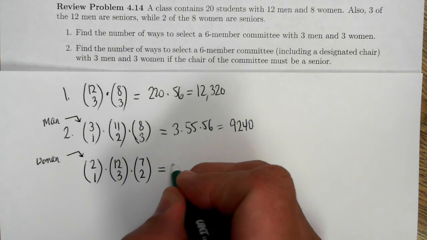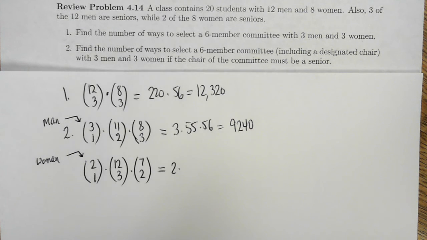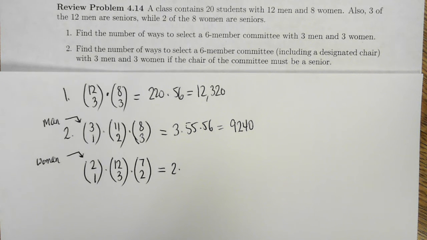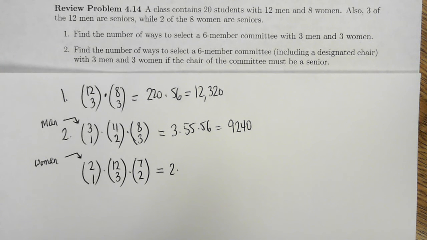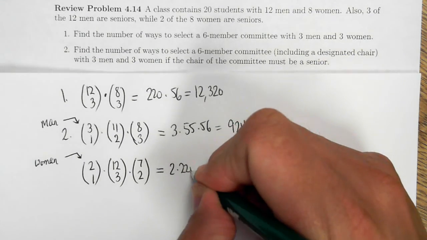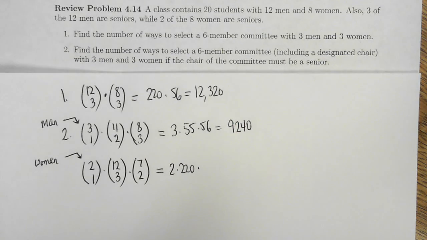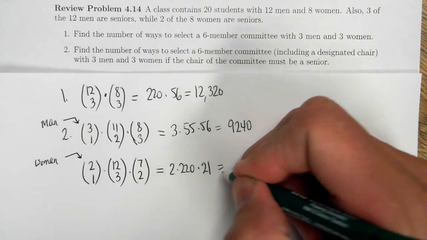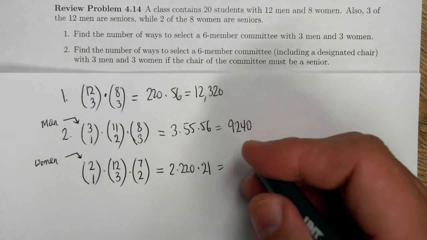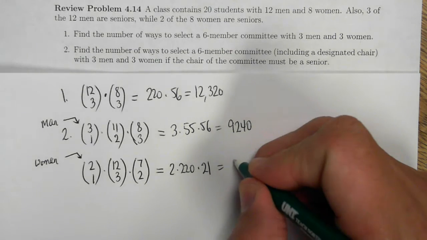So this would be equal to 2 times 12 choose 3, which is 220, times 7 choose 2, which is 21. So we get 2 times 220 times 21, which works out to be, coincidentally, 9,240.